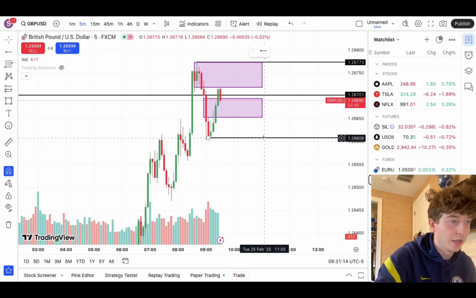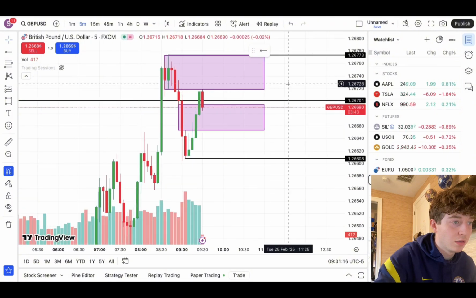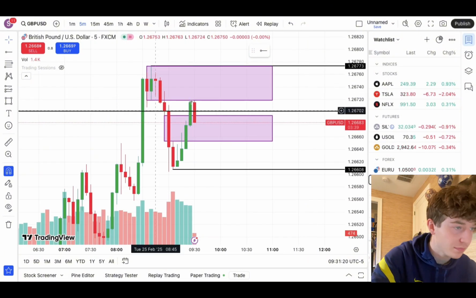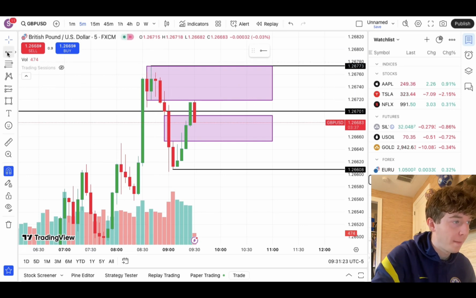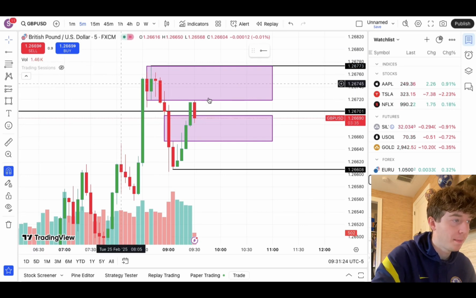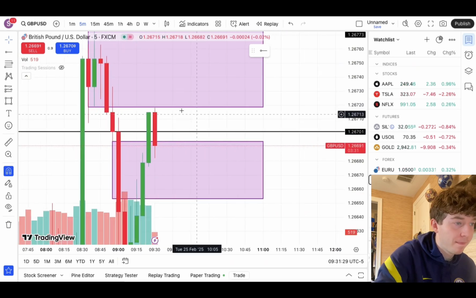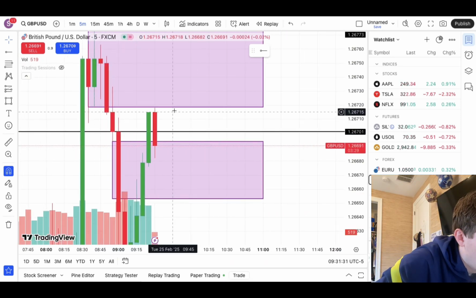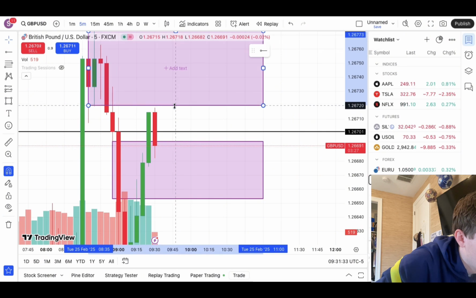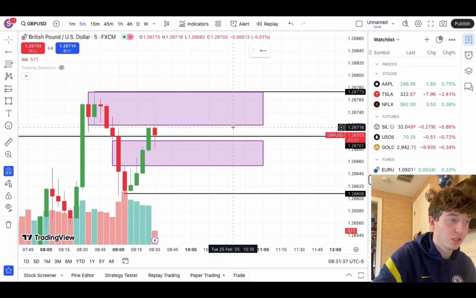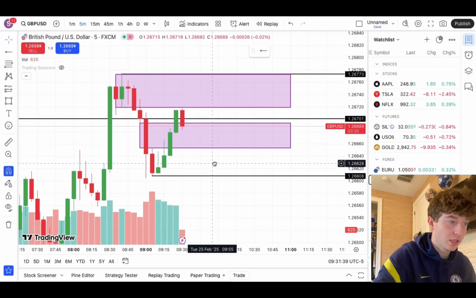Okay, so we have a bearish candlestick right now. So let's take a deeper look into this. Price did not hit the order block, which is surprising to me.